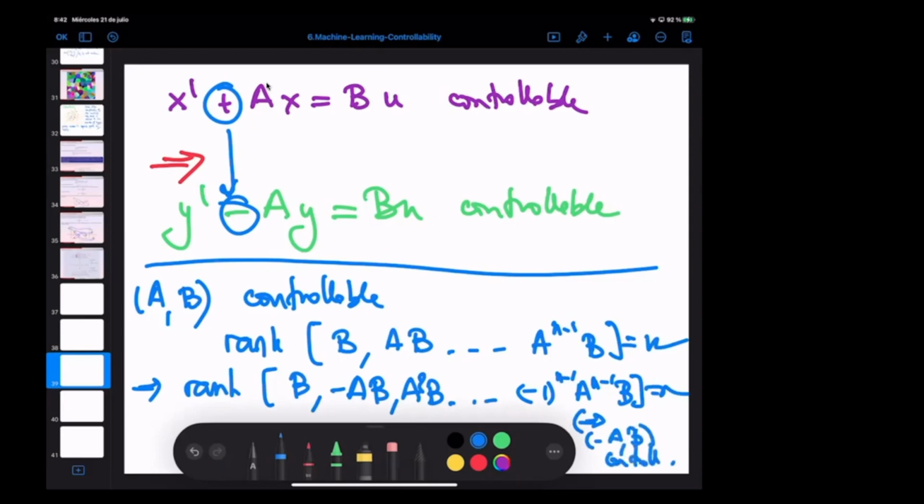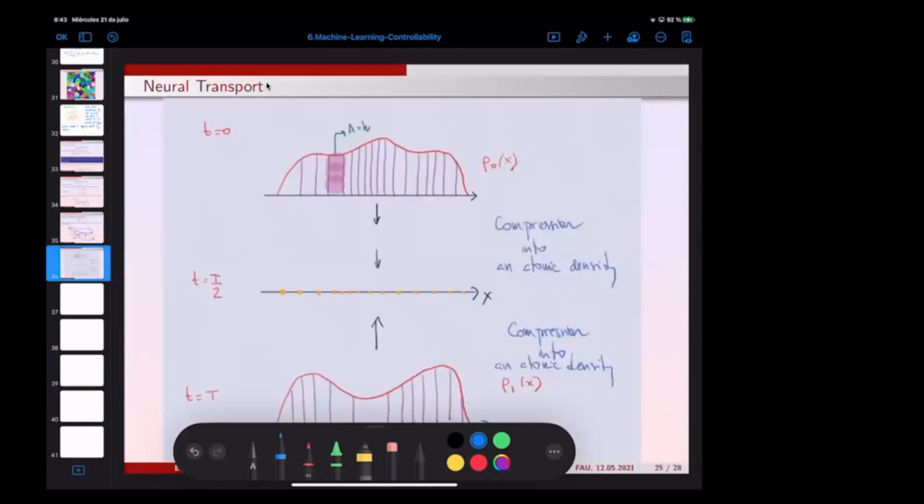Okay? Very nice. So then you see that in this setting, where I was transporting an initial mass into a final mass, I can do it with an epsilon error, in particular, because controllability means that these points can go to an epsilon neighborhood of this one.